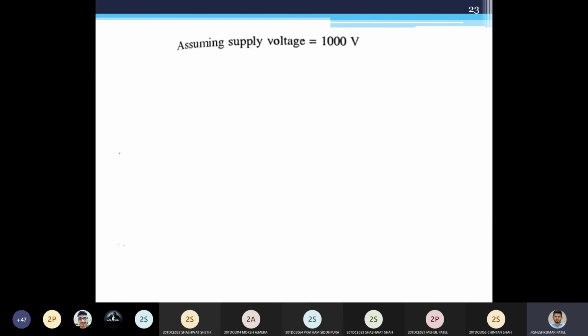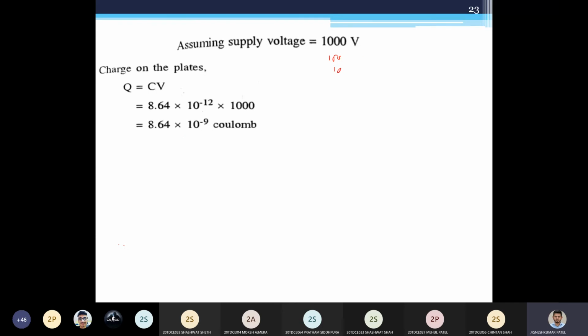Here, the first thing I'm doing is assuming a supply voltage of 100. If it is given, no issue, you will get the same answer. But if you are assuming, someone might assume 100 volts, someone might even assume 10 volts. The answer will change according to your assumptions, but the method would be the same for all.